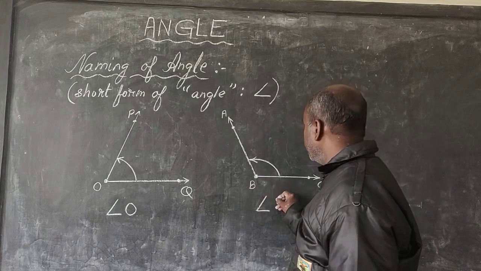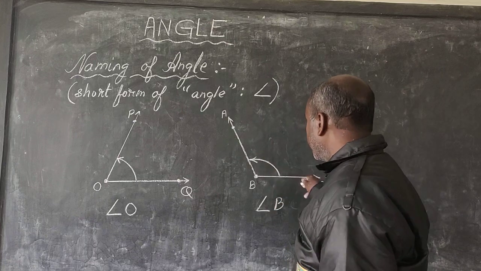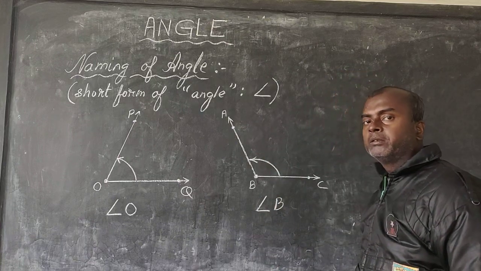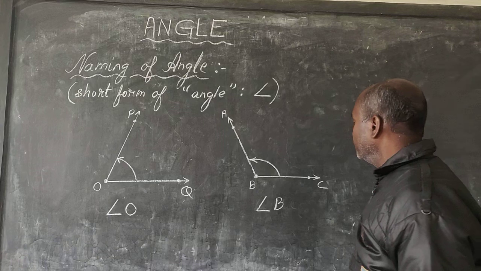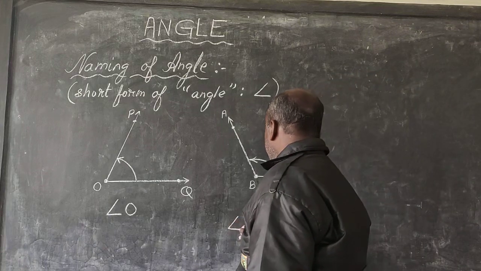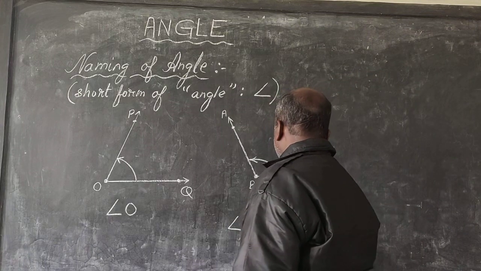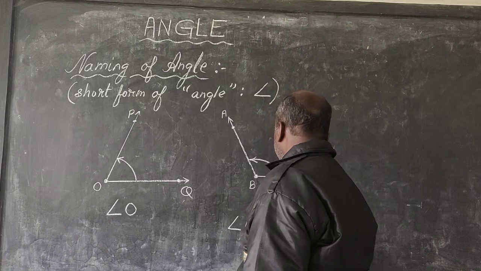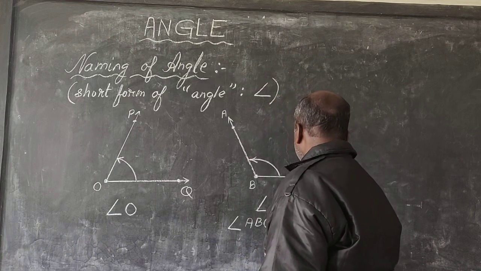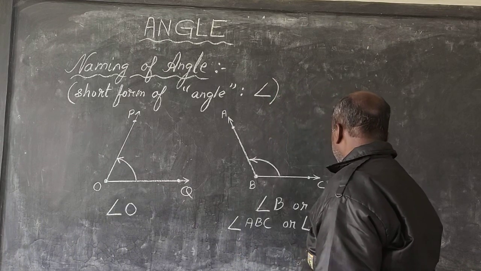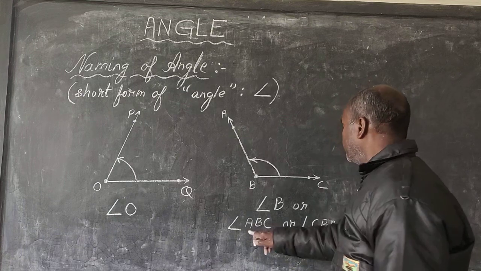What is the vertex here? B. So this particular angle can be named as angle B also. Okay. So angle B or angle ABC is the full name, or angle CBA.